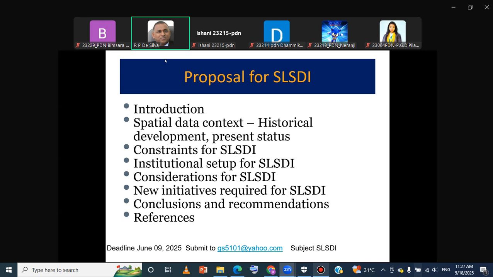Since you have been following this course, you have sufficient knowledge to sort out the things which are required for SDI. So you cannot really produce a report from ChatGPT or any other similar platform. You need to search internet resources and then produce this proposal.